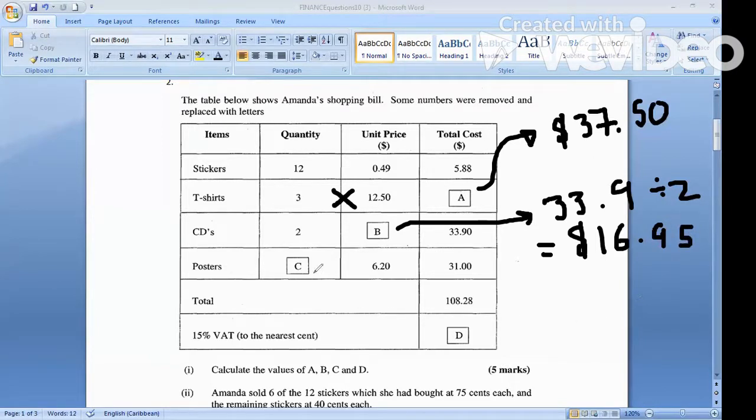And would you agree with me that you do the same thing for C? Same thing for C, not true? $31 divided by 5, $6.20.